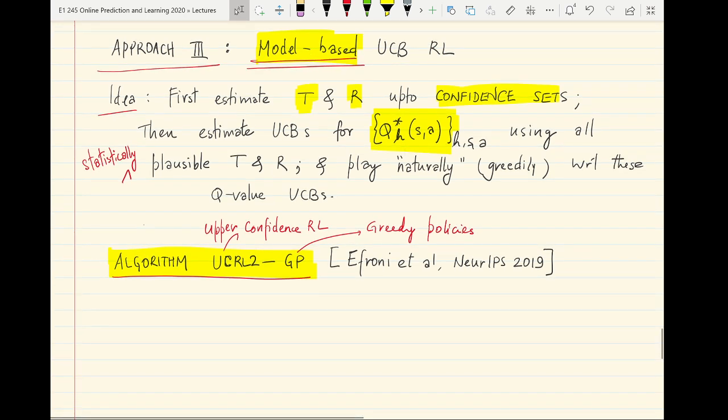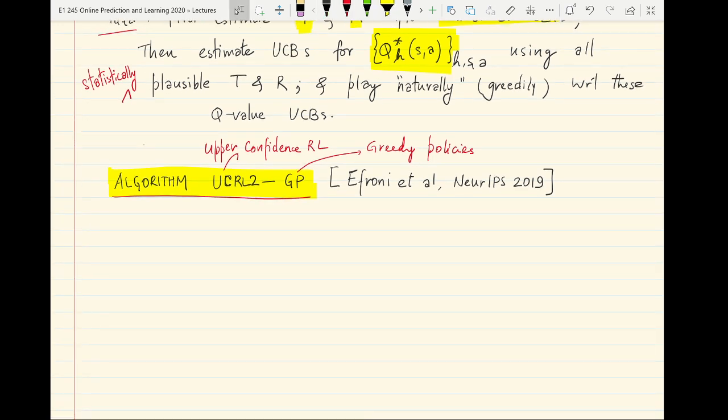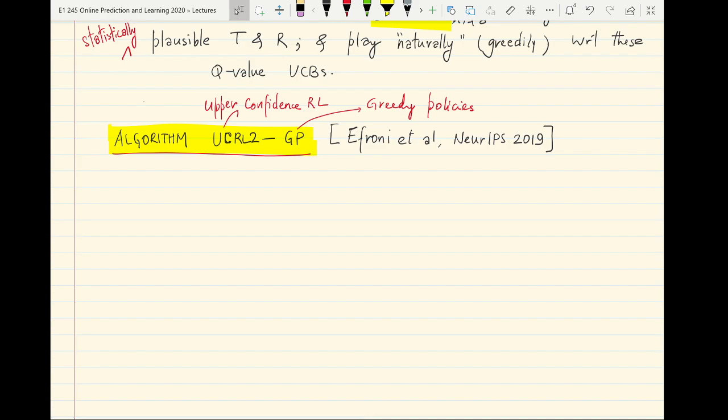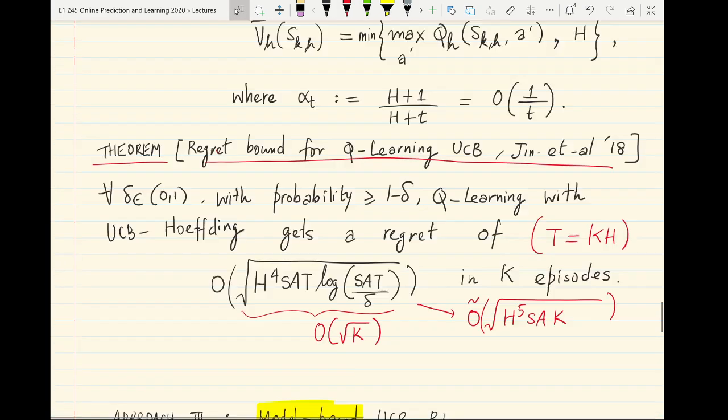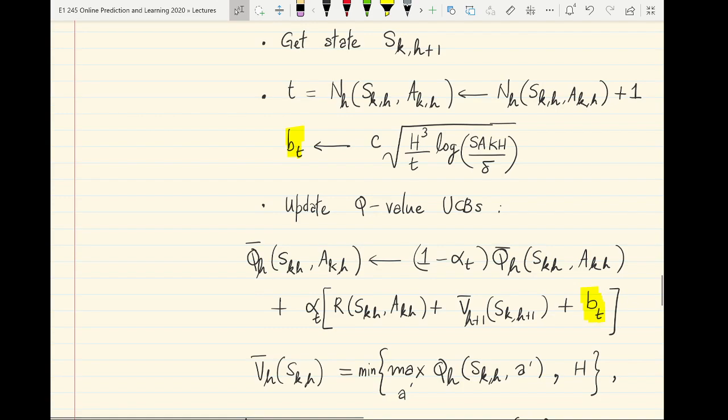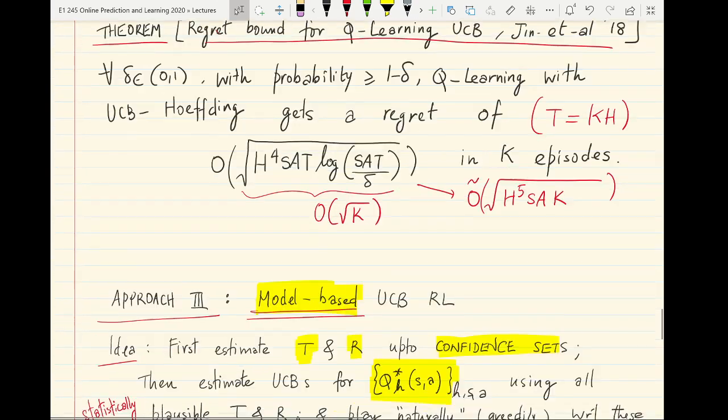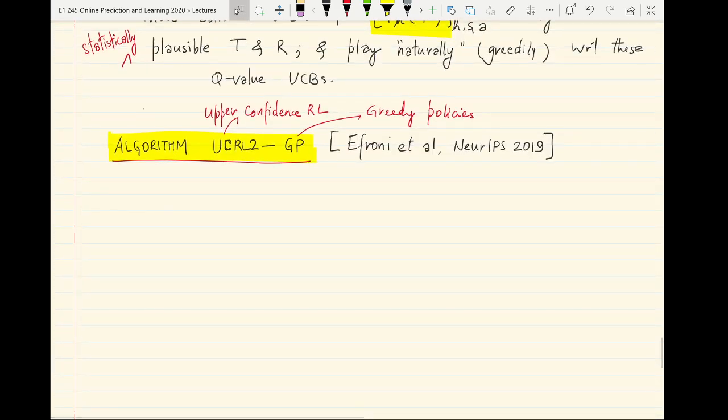An example of this strategy for finite horizon MDPs is given by the UCRL2-GP algorithm, where UCRL stands for upper confidence reinforcement learning and GP stands for greedy policies. This was a paper by Efroni et al. at NeurIPS in 2019. So what does this algorithm do? How does it build upper confidence bounds for Q values, just like the previous algorithm did, but in an implicit way depending on the model?